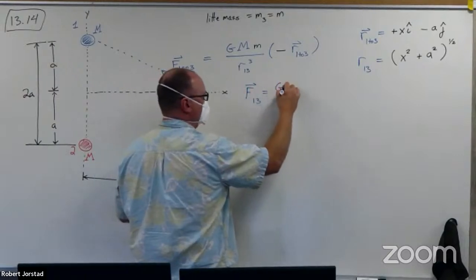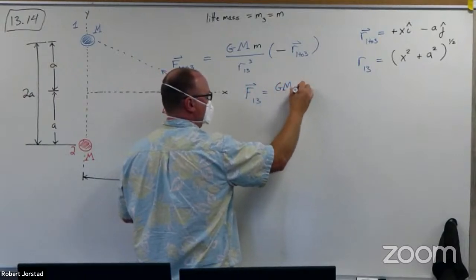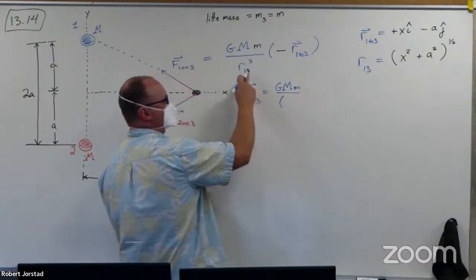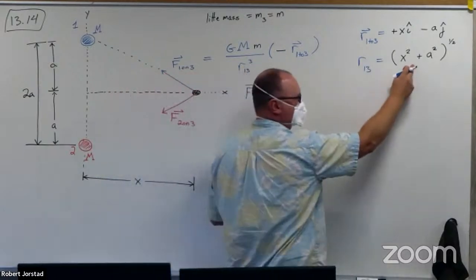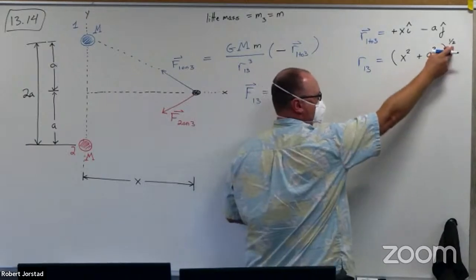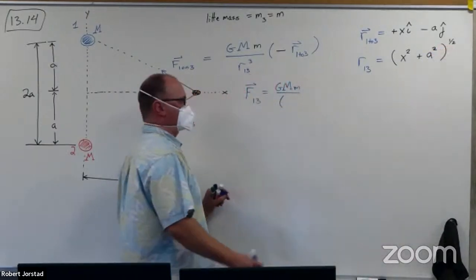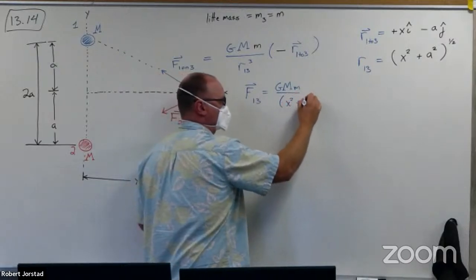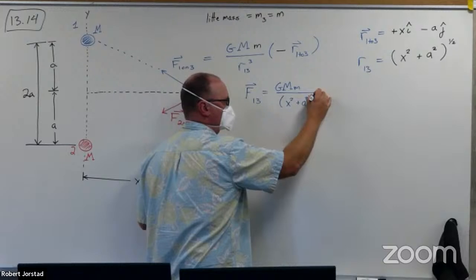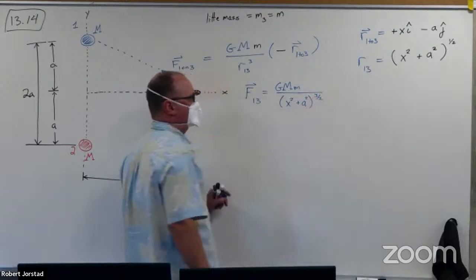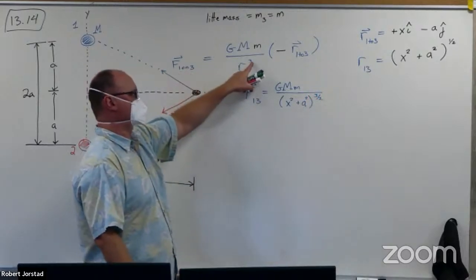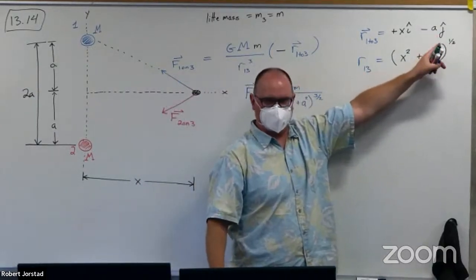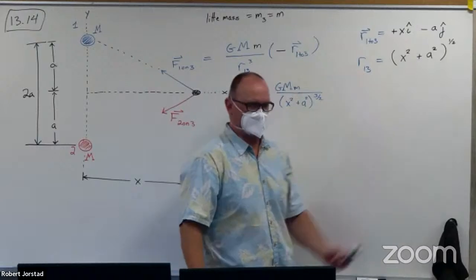It's going to be G M m over, aha. If I cube this, what happens to the exponent? Instead of being 1/2, it will be 3/2. When you cube something, right, I take 1/2 plus 1/2 plus 1/2, that's 3/2. Okay.